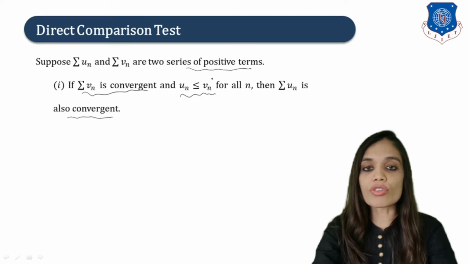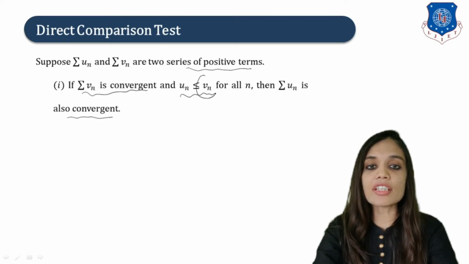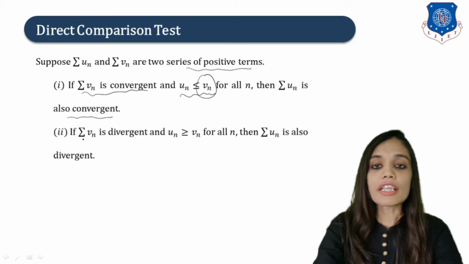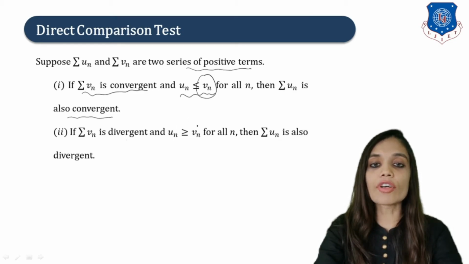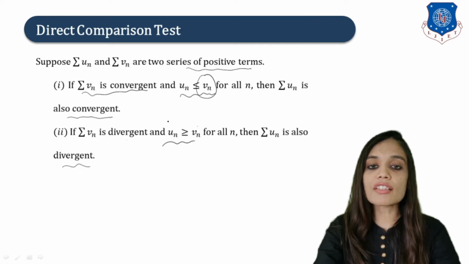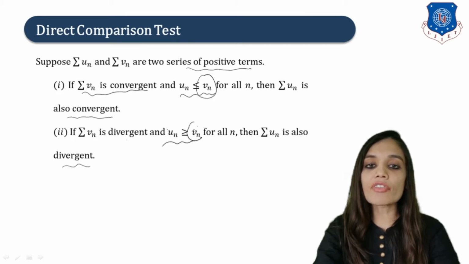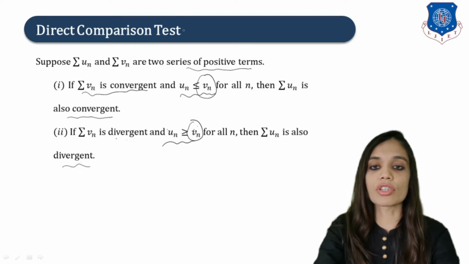Next, if Vn is divergent and Un greater than or equal to Vn for all n, then Un is also divergent, right? So if Un is greater than or equal to Vn and our Vn is divergent, then Un is also divergent.